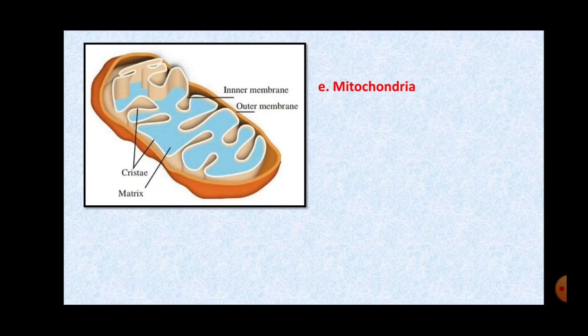And these folds are called as cristae. Now, the cavity which is present inside the inner membrane contains a gel-like substance in which the ribosomes are present, the phosphate granules are present, and even the DNA is present. Mitochondria is one of the organelles in the cell which contains DNA.